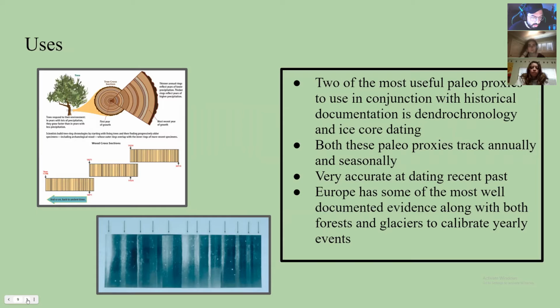And the same goes for ice cores. The thicker the layer of ice is, the more it snowed that year. And because scientists can track these annually by looking at the layers, we can match up with what humans were observing in that time period and go back to the layer of either tree ring or ice core.